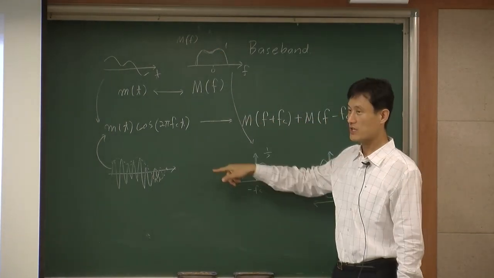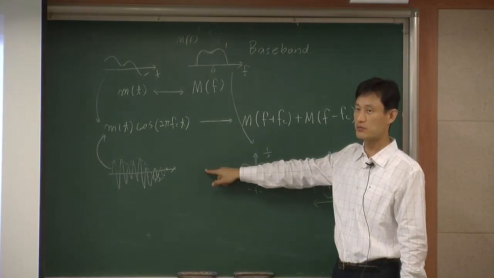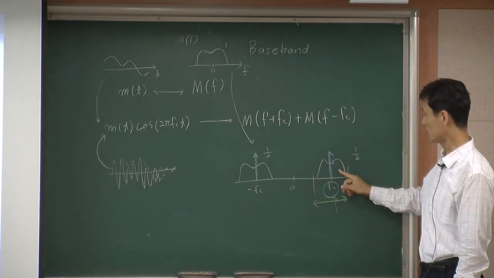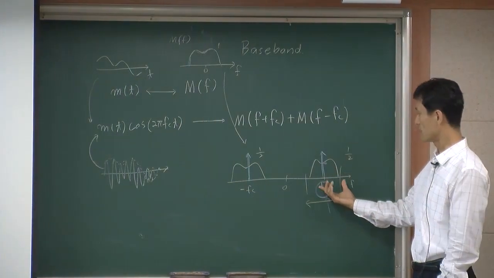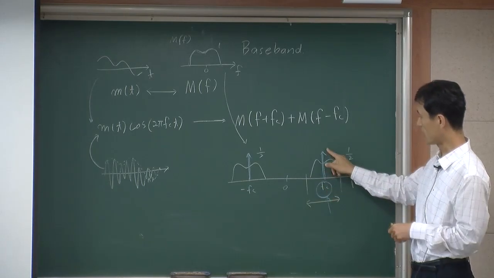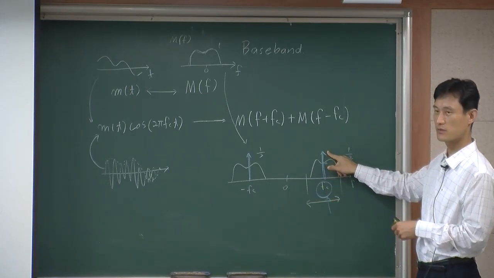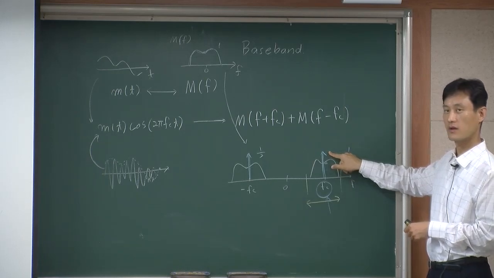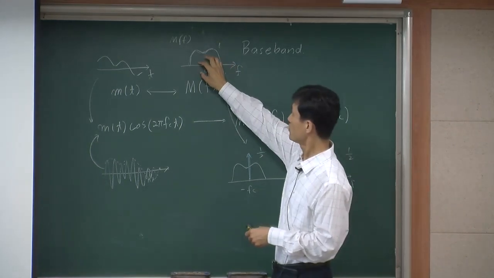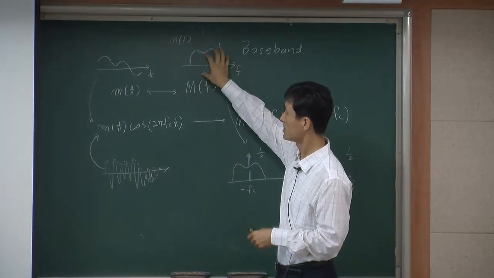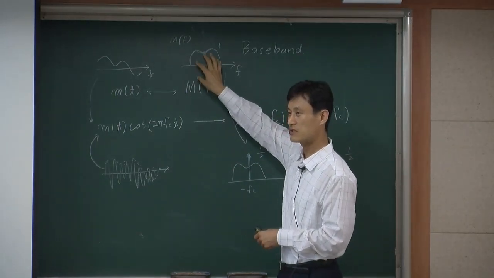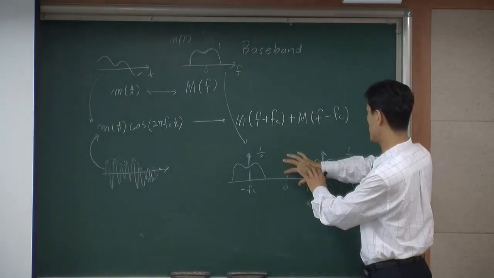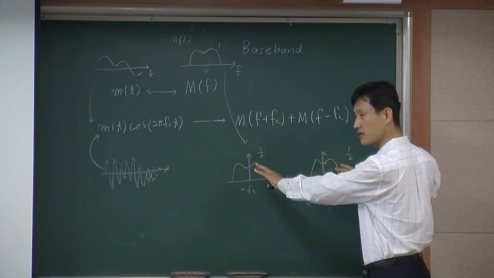When you do the modulation, especially in our amplitude modulation, now in the passband, we have the impulse, right? The Dirac delta function. What that means is you have the original energy, this much energy. Now this energy is divided into positive and negative.